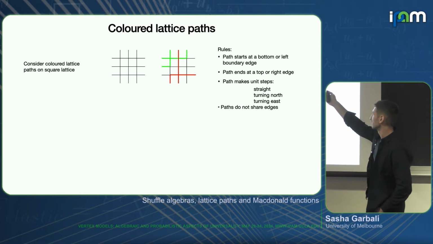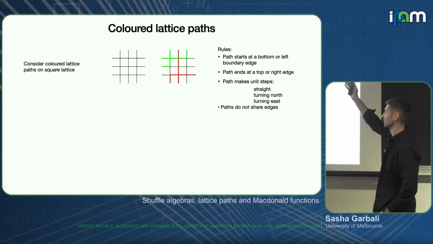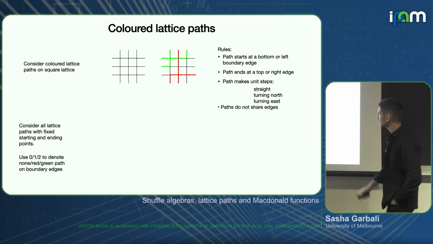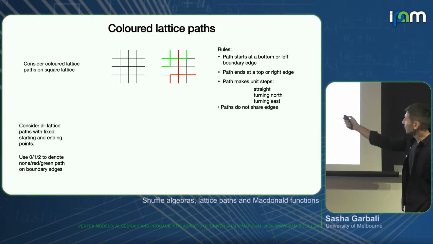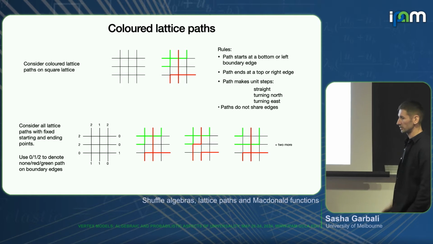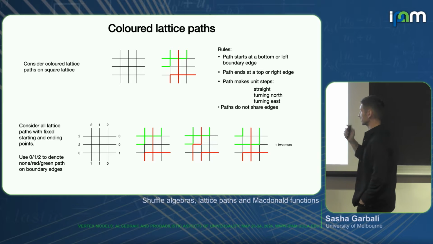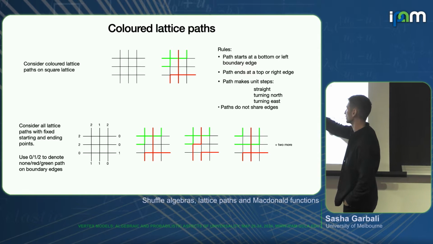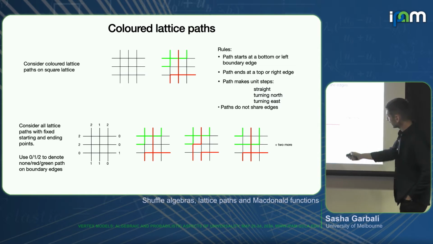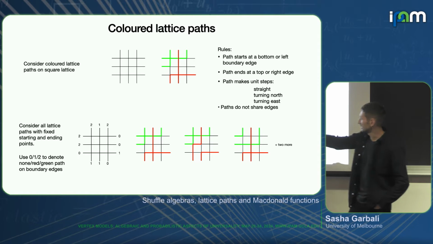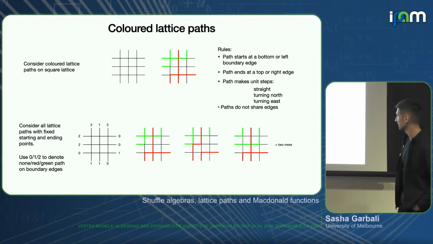They start at the bottom and left and end at the top and right edges. And the boundary conditions are fixed by integers 0, 1, and 2 in this particular case, but with more colors, we will have to use more numbers. And these are particular examples with this kind of boundary conditions.